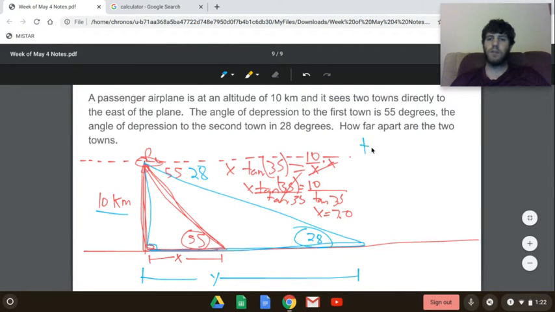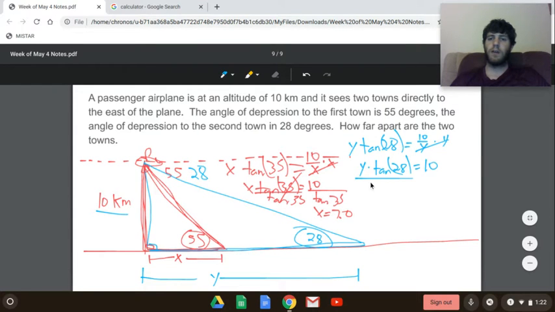So we're going to do tangent of 28 equals opposite, which is 10, over adjacent, which is y. So again, we multiply y on both sides. You get y times tangent 28 equals 10.